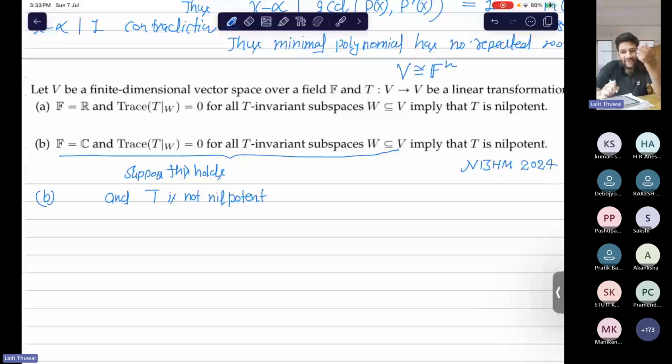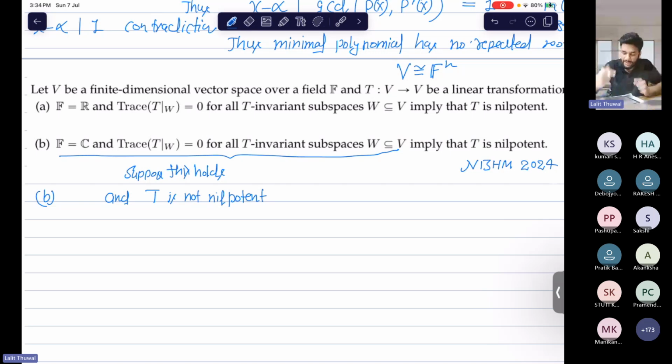There is some eigenvalue. First try to generate an invariant subspace. What are the invariant subspaces? Those are the spaces generated by eigenvectors.